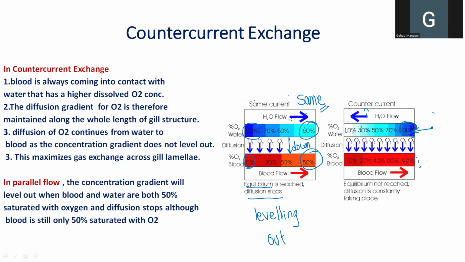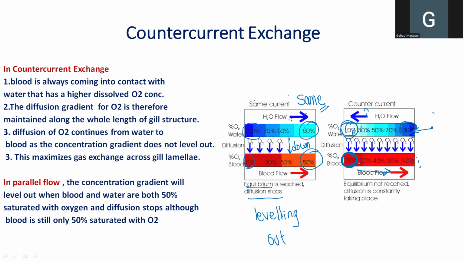But since blood is flowing in the opposite direction, even after leveling out here at 10, which is what is expected from two parallel vessels, it will return back. It will backflow.